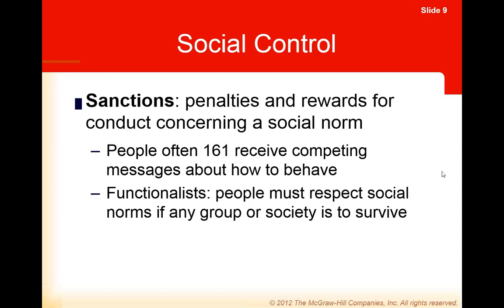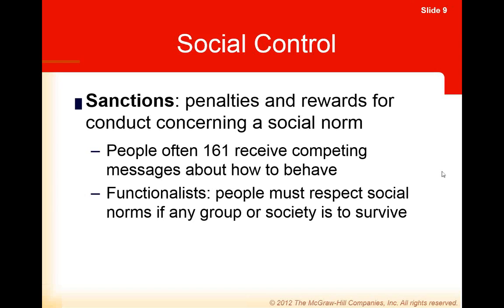Essentially, the informal social norms that tell us how to interact with each other on a day-to-day basis provide the foundation upon which formal social norms, laws, rest. Police are able to control behavior. They're able to arrest offenders because the majority of people obey laws.